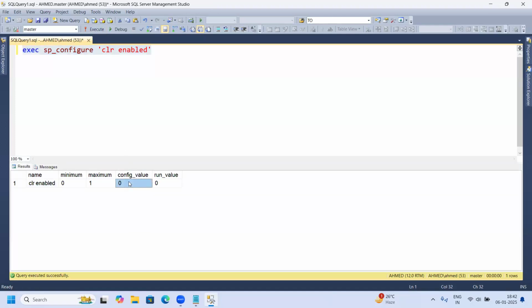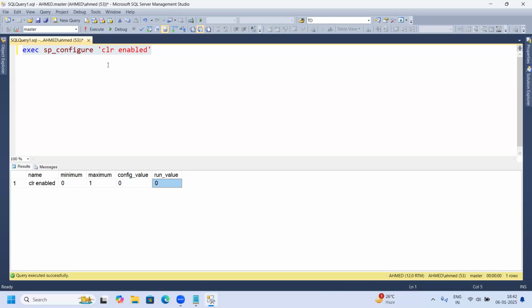It is not configured, it is not running. It means CLR enabled is disabled. So a person who needs CLR integration runs this line, enables it, uses it, and again disables it.